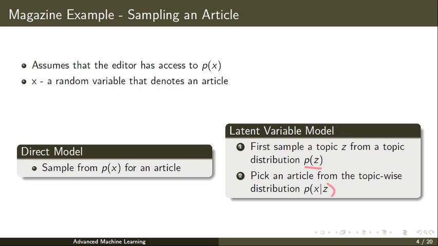So there are situations where we will have to use such a model. It's not just making things complicated. For example, if the magazine editor was using only a direct model, then in the case of 10 sports articles, 5 technology articles, and 2 health articles, each of these articles would have the same probability.